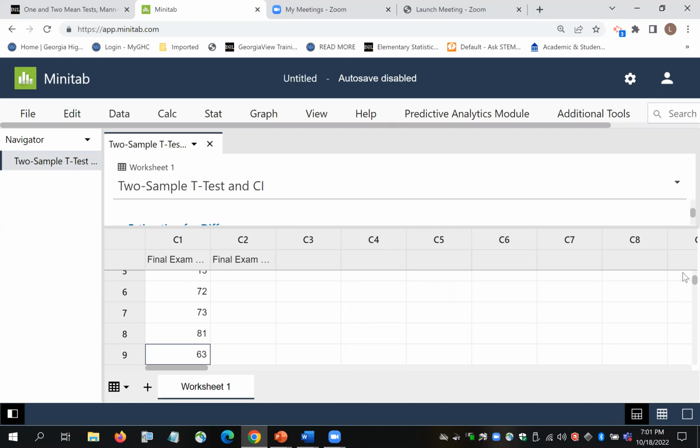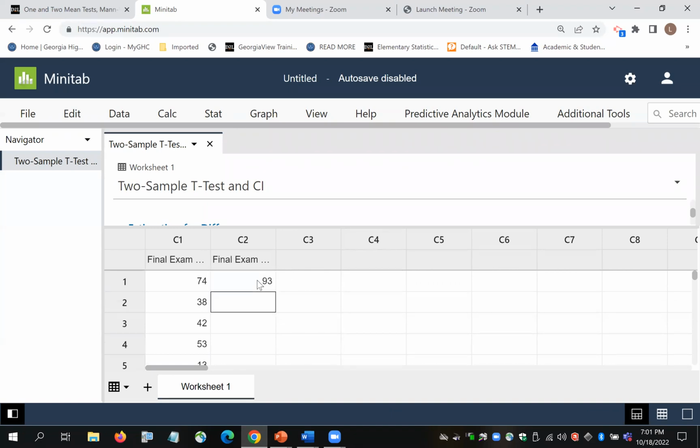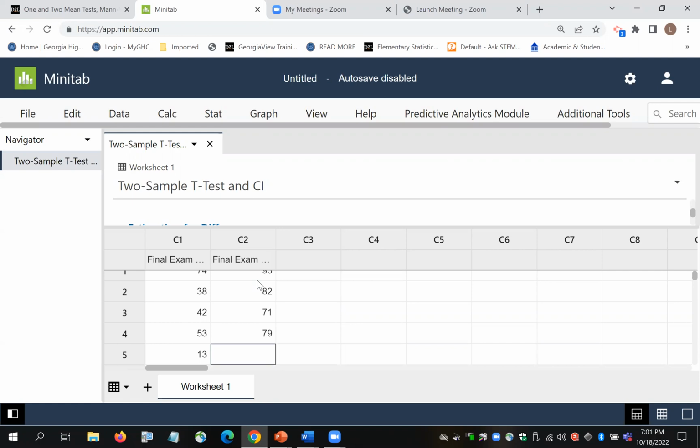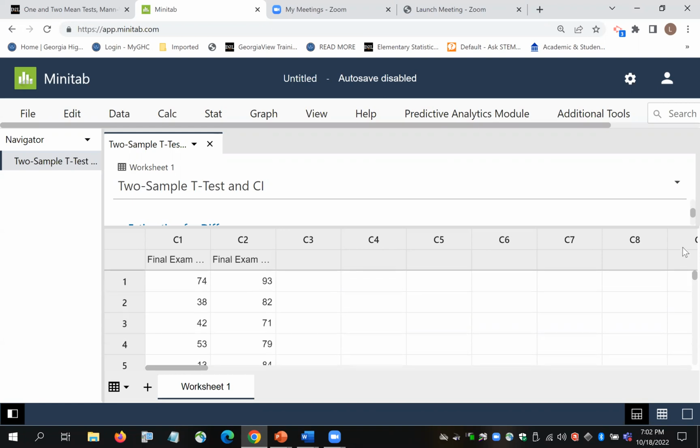Okay, so I entered the ones for 8 a.m. and I'm going to go back and enter the data for 11 a.m. Okay, so I have entered the data.